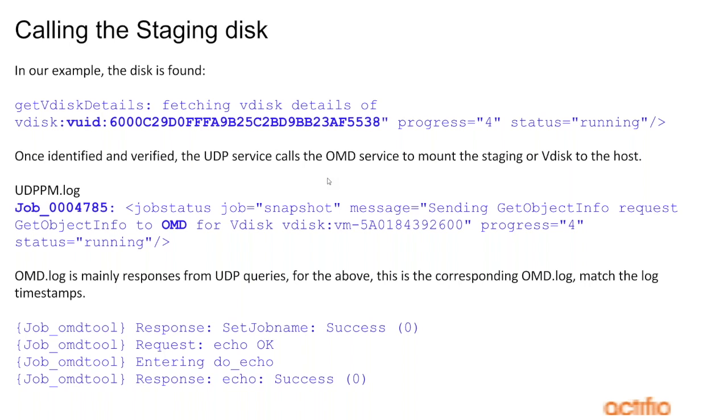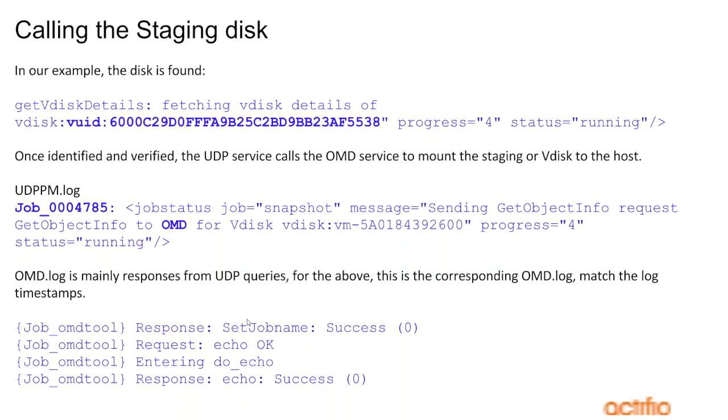Now, the OMD log itself doesn't have a ton of good information in it. It generally is just logging its responses to queries made by the UDPPM. I'll be referring to it as UDP, Universal Data Pipeline. So the UDPPM or UDP queries. So this bit of logging on the bottom is actually the response in OMD for the request from UDPPM in the snippet above.